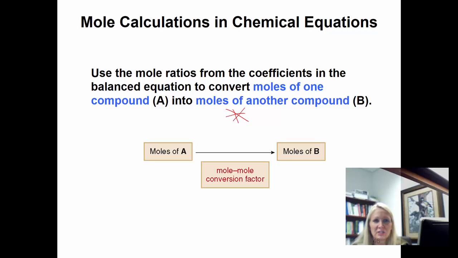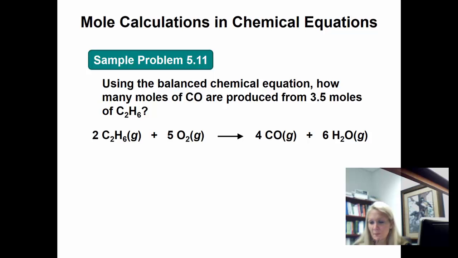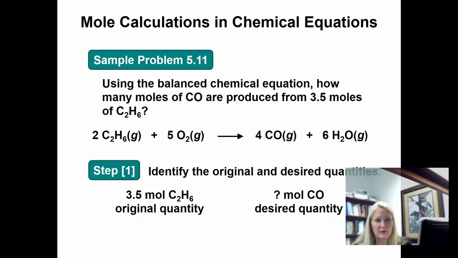Now we're going to use a balanced equation where we can relate one compound to a totally different compound because we have a mole to mole conversion factor, or mole to mole ratio. These problems are similar to what we've been doing. We're converting, but we're just using different units and different conversion factors than what we're used to.